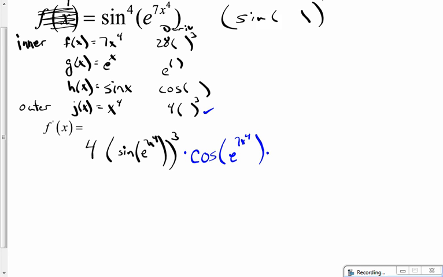Good so far? Next step is going to be e to the 7x to the 4th times 28x cubed.